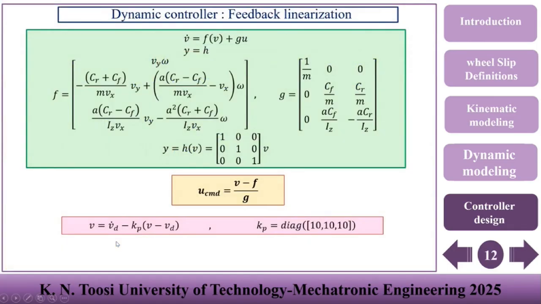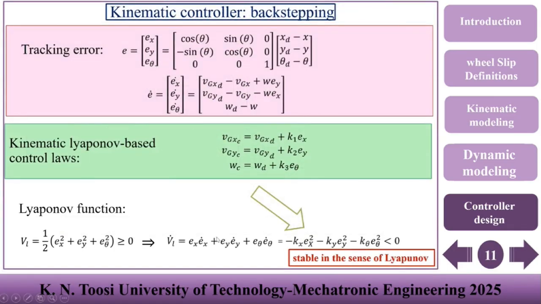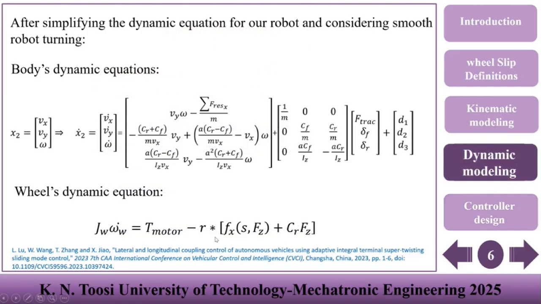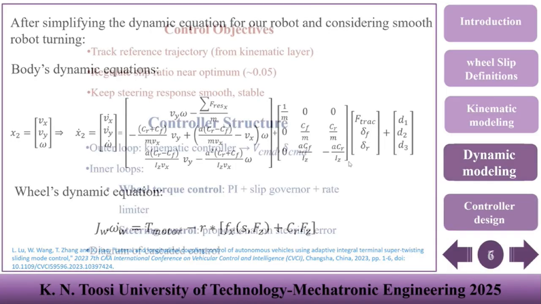Another thing is that, as you can see in the equations of the dynamic model, our inputs to the system, which are the control outputs, are the traction force and the steering angles of the front and rear wheels.